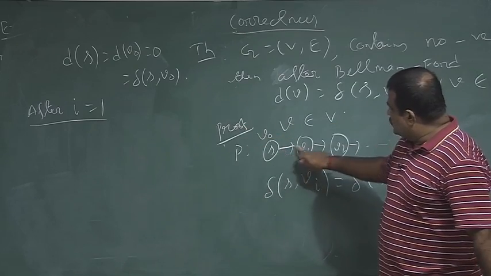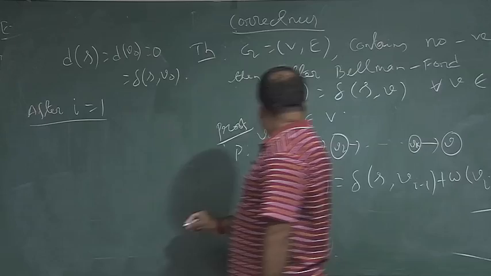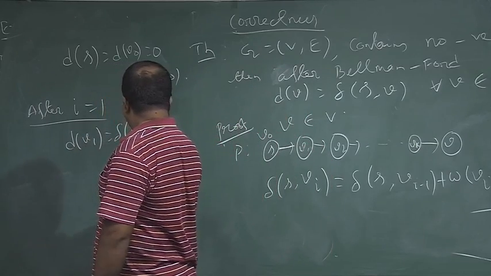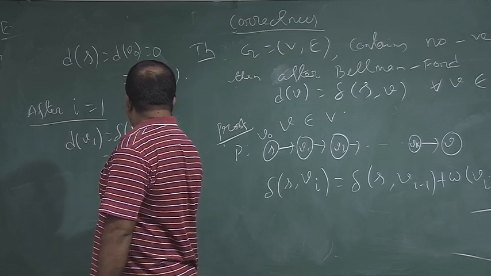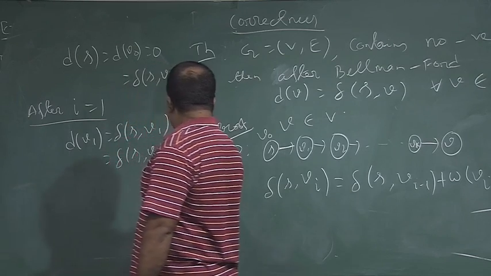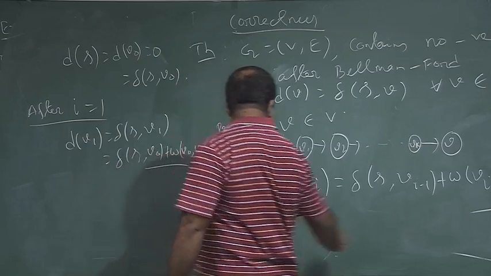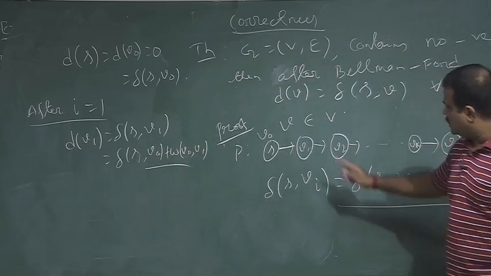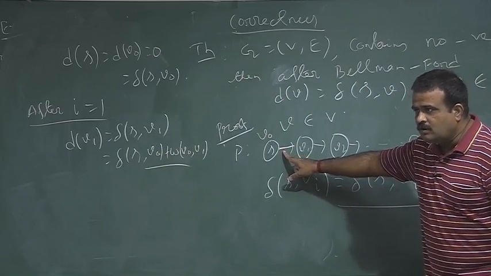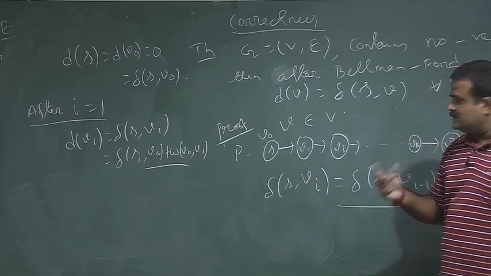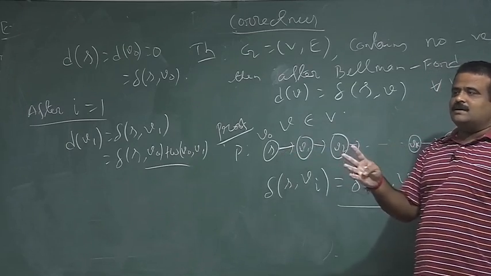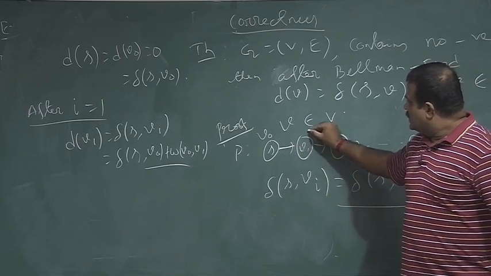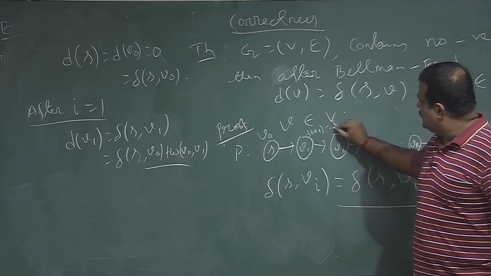After i is equal to 1, this edge will change and this d value will become delta of S comma v1, because it is delta of S comma v0 plus W of v0 v1, and by this result it is delta of S comma v1. We do not know the numbering, but we know that if we take all the edges, then this edge will come in the first pass.